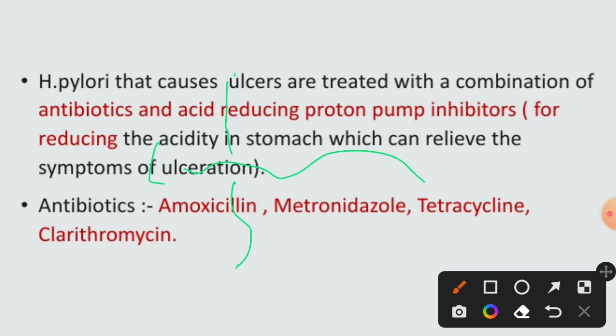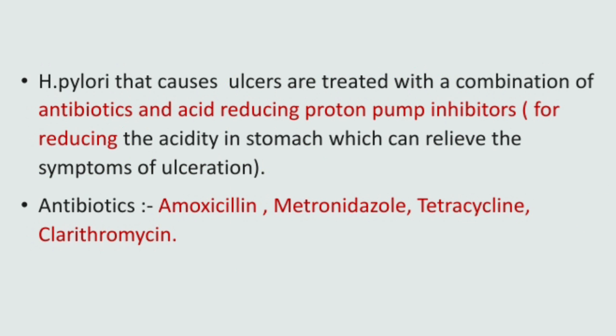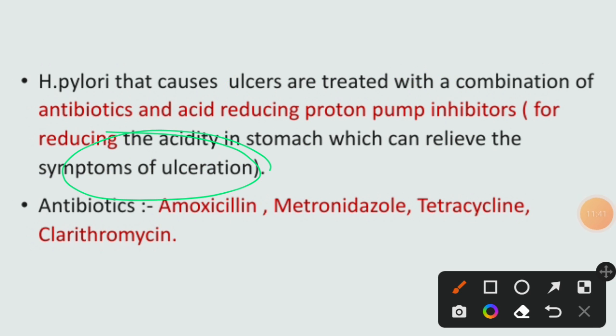So along with antibiotics, we will also give an acid reducing proton pump inhibitor. Okay, that will reduce the acidity in the stomach, which can also give relief to the symptoms of the ulceration. Okay, along with that we can use the antibiotics amoxicillin, metronidazole, tetracycline, clarithromycin. So that is the treatment of Helicobacter pylori.